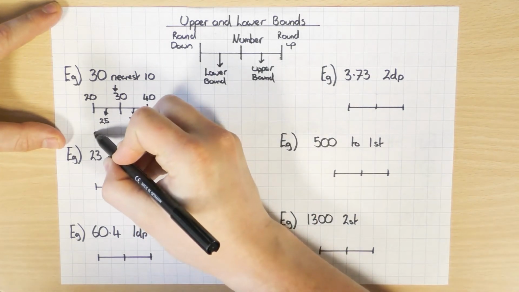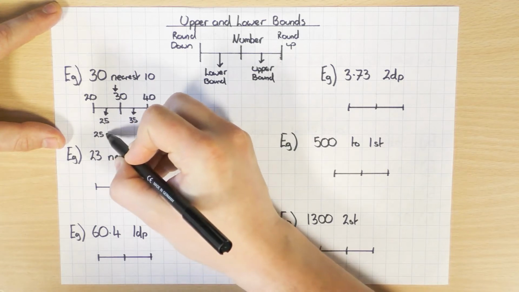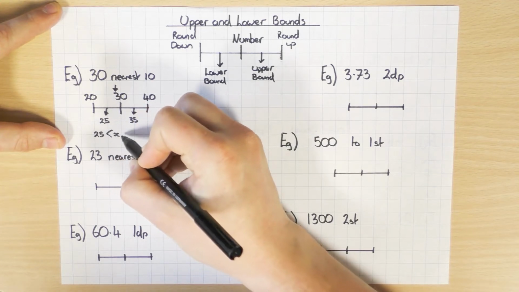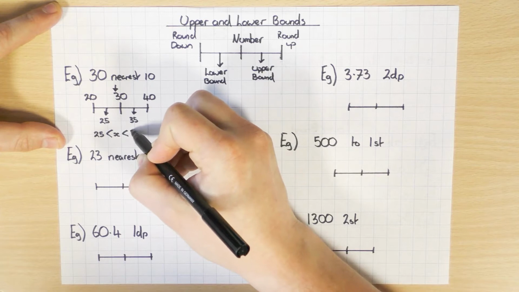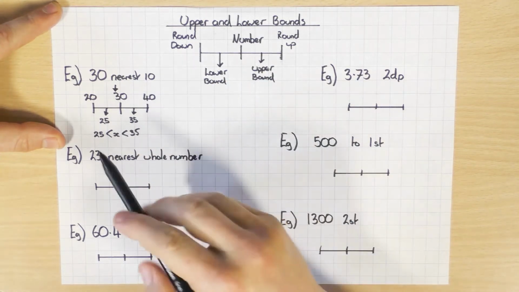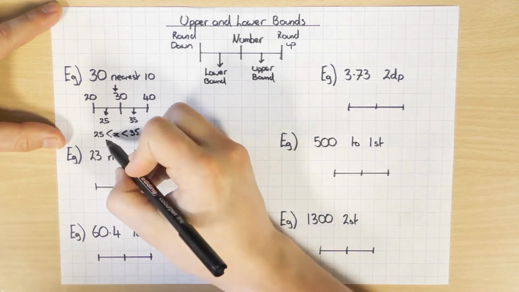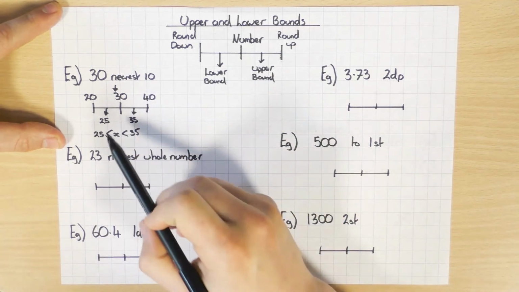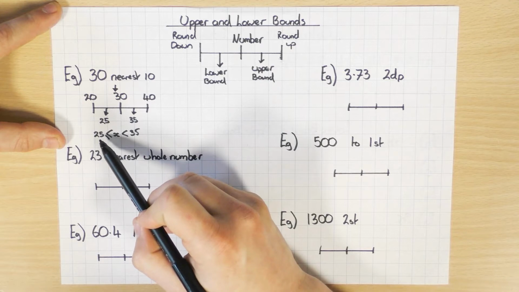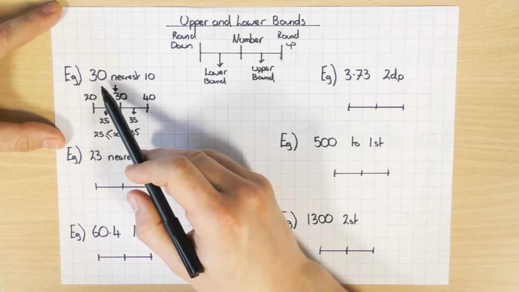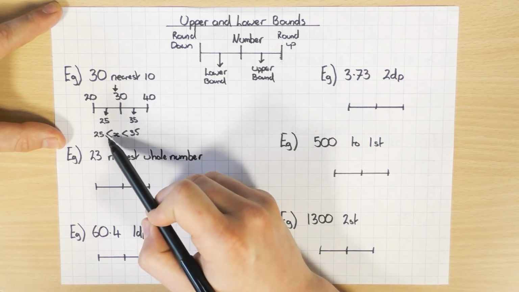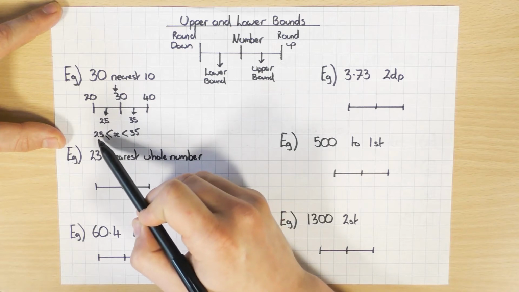Now all that means is you've got the lower bound, and we use our inequality signs here. Okay, and we say that x is bigger than 25, but it can also be equal to 25, because if it was 25 and we round to the nearest 10, we would get up to 30. So we say that x is greater than or equal to 25.